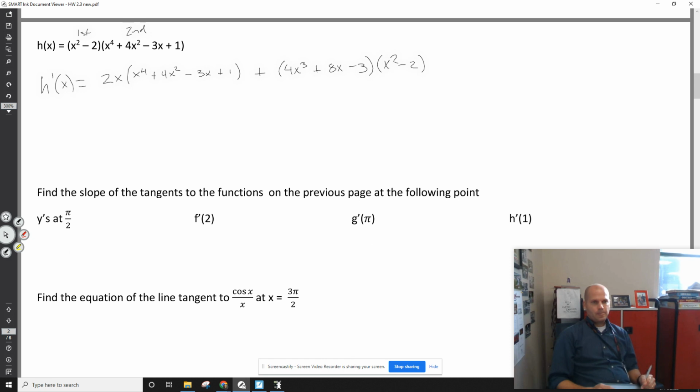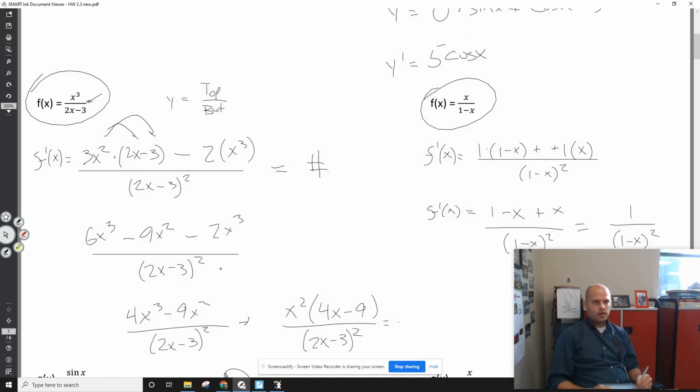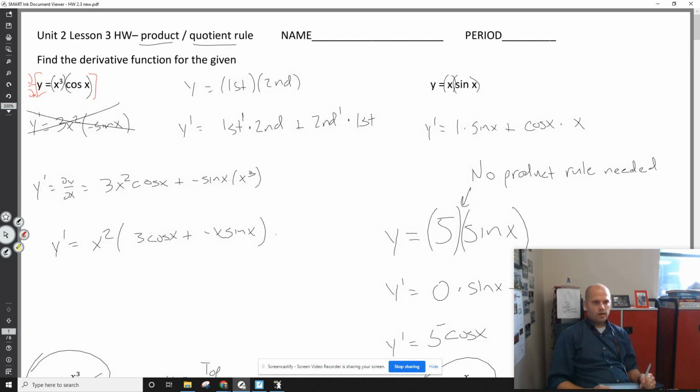But notice, find the slope of the tangents to the functions on the previous page at the following point. So if I asked you, what is the slope at x equals pi over 2? Well, you don't need to factor to plug in pi over 2 here. You plug in pi over 2 into your unsimplified and you're fine.